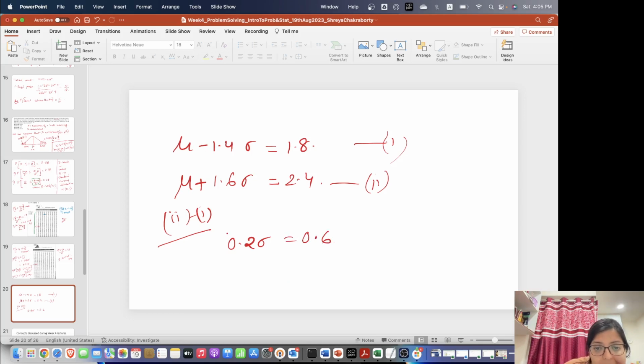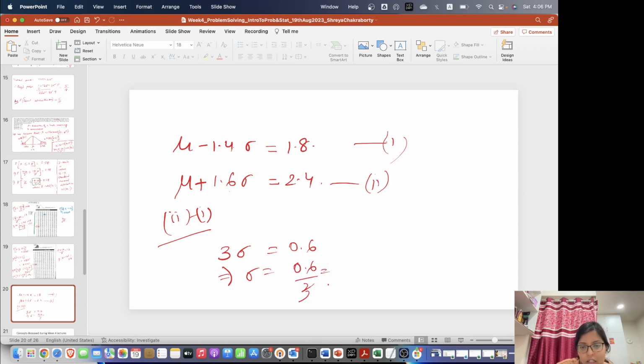Sorry, this will be 3 sigma, because this is 2 minus 1, no? So this will become plus. So we'll have 3 sigma equal to 0.6. So sigma will be 0.6 by 3, which is equal to 0.2.